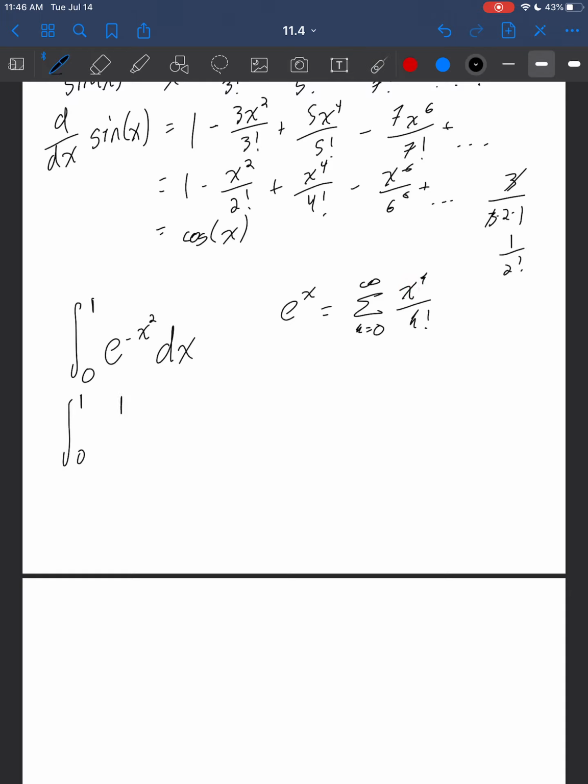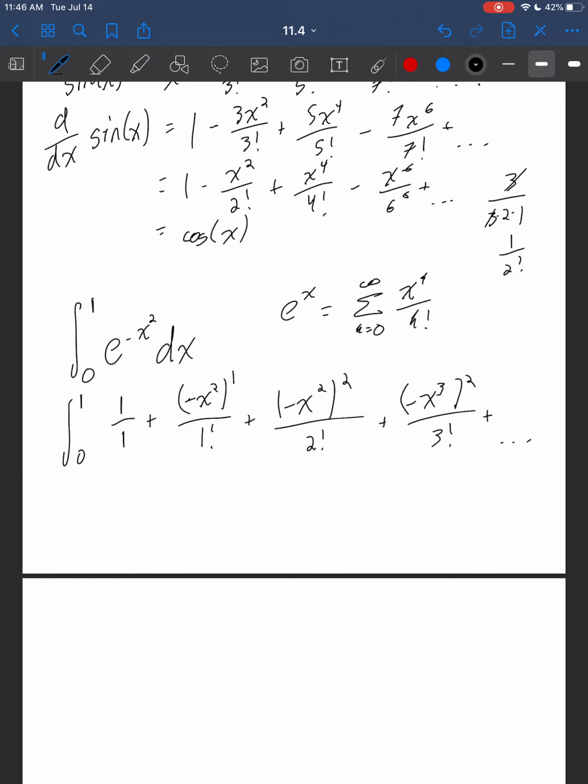For k equals 0, we have 1 over 1, plus for k equals 1, negative x squared to the first power over 1 factorial, plus negative x squared squared over 2 factorial, plus negative x squared cubed over 3 factorial, and so on and so forth.